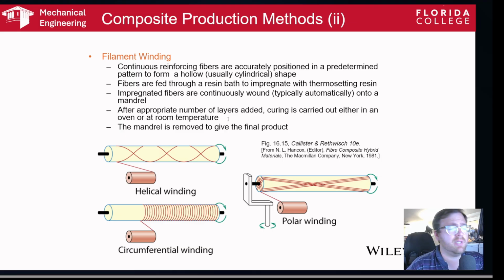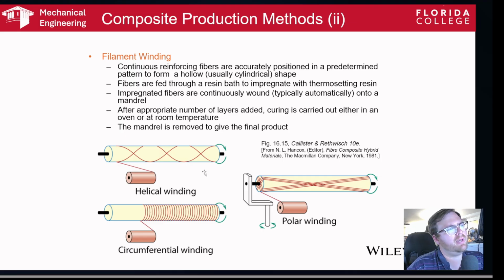In the case of our silicon carbide composites, they were put in something called an autoclave. An autoclave is like a super oven. It's an oven that can go to really, really high temperatures. And then finally, the mandrel is removed to give the final product. Once it's cured and set, you just pull the mandrel out and the material will remain stiff.